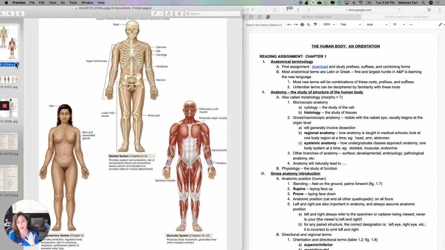So you can either buy a physical textbook, or if you buy the online access to the digital textbook, then you get all of these figures and you can put them in your notes yourself. So you can actually put figure 1.7 in there.